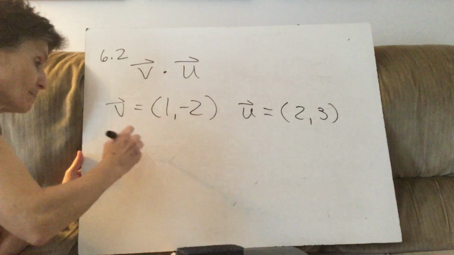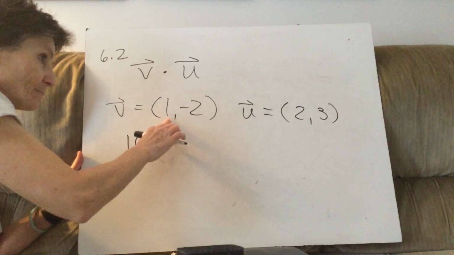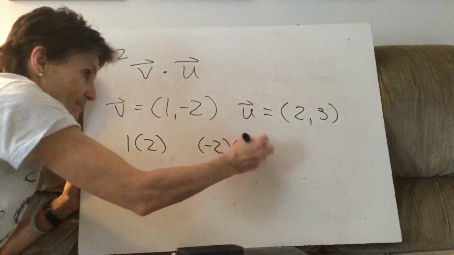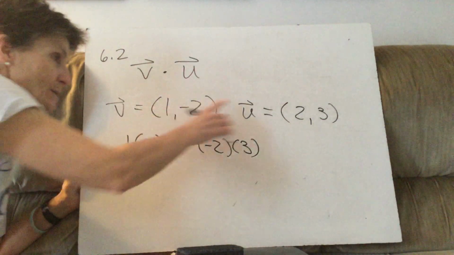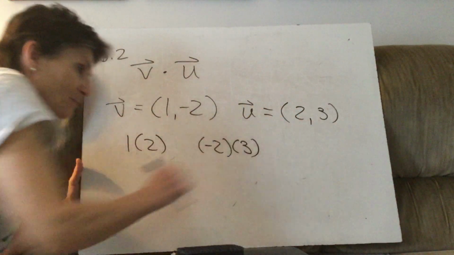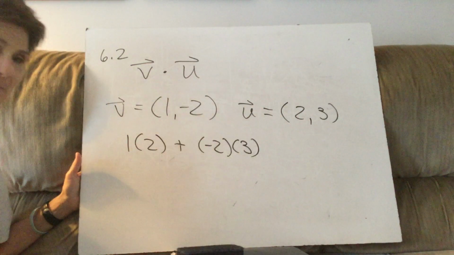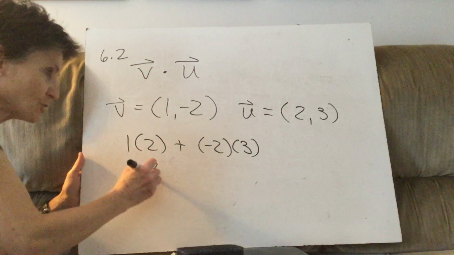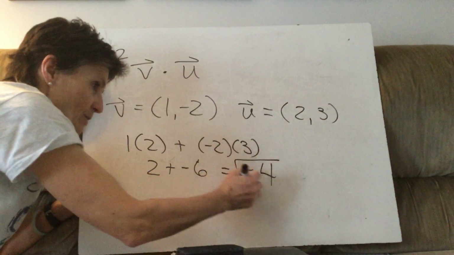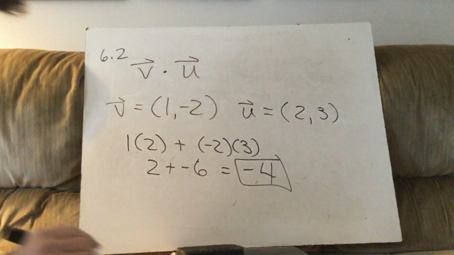So take x times x. And take -2 times 3. So take the first one times the first one. The second one times the second one. And add them together. So we get 2 plus -6. We get -4. So the dot product is -4.